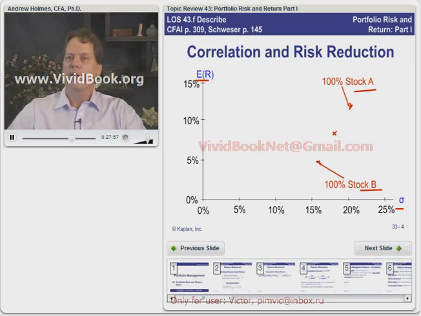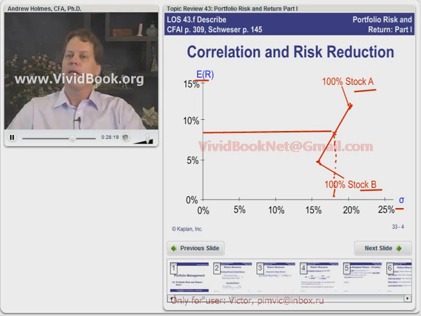In other words, portfolio combinations are going to lie on a straight line between A and B. Make sense? So the risk of the portfolio is going to come down here, and the return on the portfolio that's 50% A and 50% B is going to come over here, and we'll call that 8% or whatever it looks like.